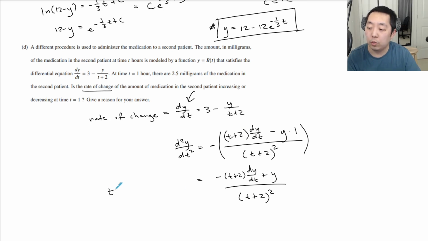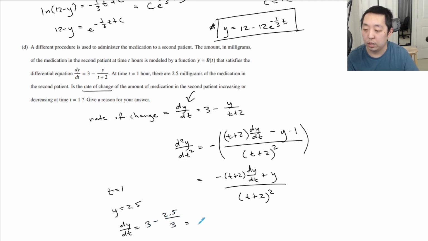At t equals 1, we know that y is 2.5, which means dy/dt at that point is 3 minus 2.5 over 1 plus 2, which is 3. Man, they made this really annoying. This is 5 over 6, so 3 minus 5/6 is 18 over 6 minus 5 over 6, which is 13 over 6. Let's plug that in.